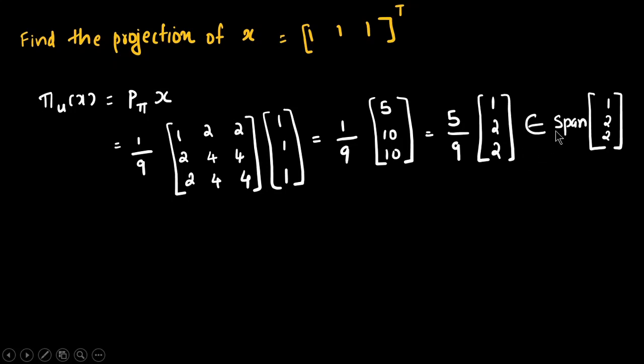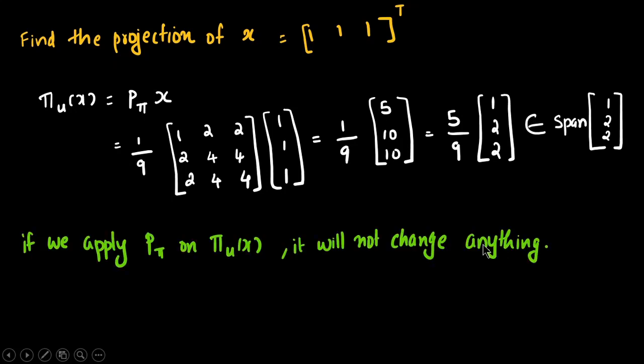So that spans [1 2 2]. That means [1 2 2] is our base vector, and this projection belongs to the span of that vector. So if we apply P pi on pi u of x, it will not change anything.